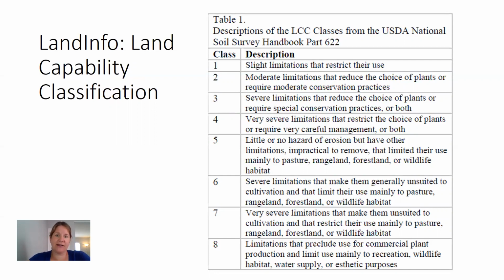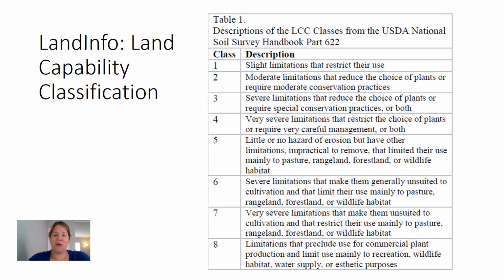This is not a complicated system, but it ranges from class 1, which is prime agricultural land, to class 8, which is land that will not be able to sustain agriculture for any amount of time and would be better if used for something else. Recreation, wildlife habitat, forests.